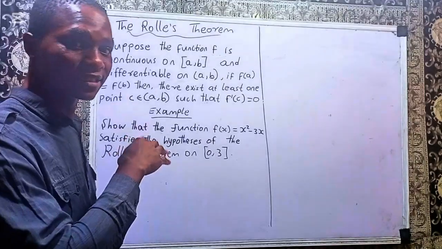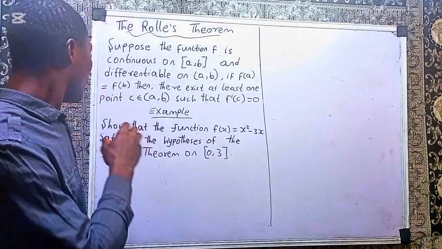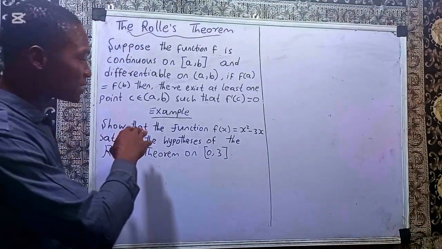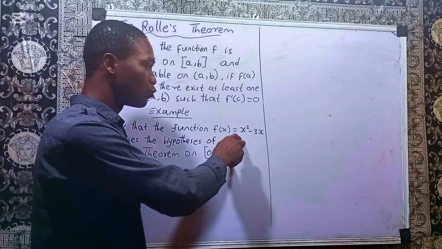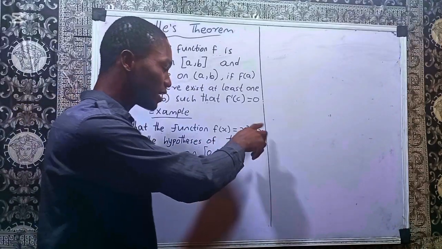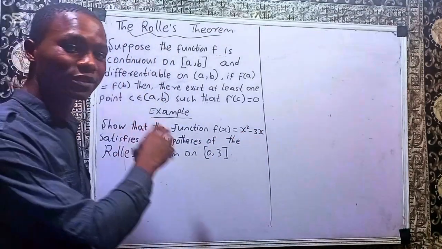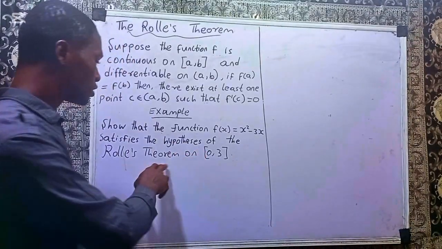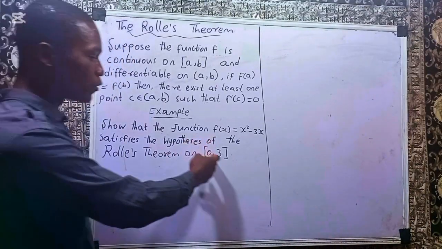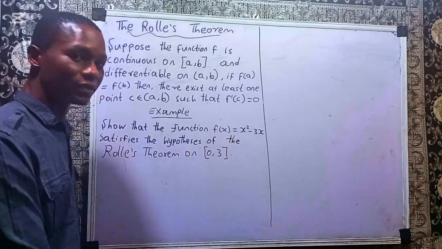So let's look at this question. In this question, they asked us to show that the function f of x, which equals x squared minus 3x, satisfies the hypothesis of Rolle's theorem on the closed and bounded interval [0, 3].